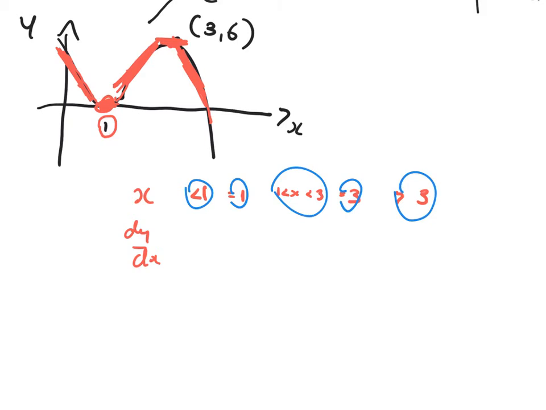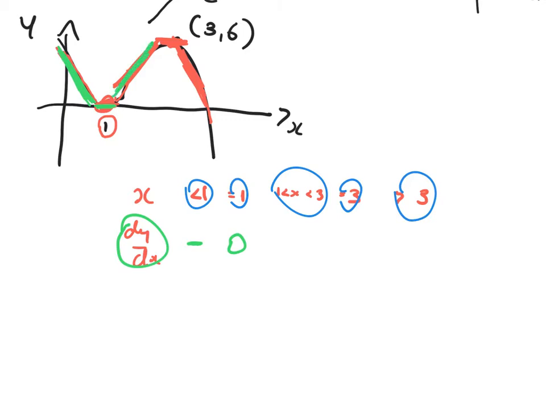Now we can see clearly that before we get to an x coordinate of 1, the gradient of the curve is negative. Now how do we know? Because it's sloping down. So I can't say with any certainty the exact value of the gradient, but what I know is that it's certainly negative. I then know that the gradient of the curve at 1, well, it's a stationary point, which means it's a position of 0 gradient.